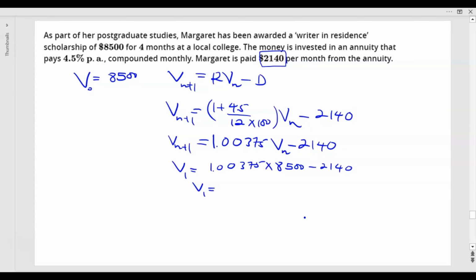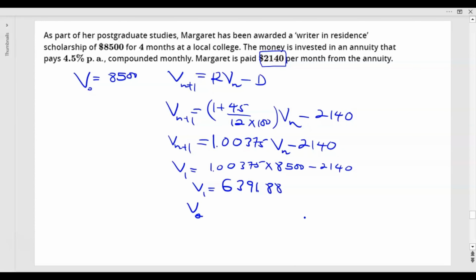The balance of the investment after 1 month will be this, and make sure you keep all your answers to decimal places.